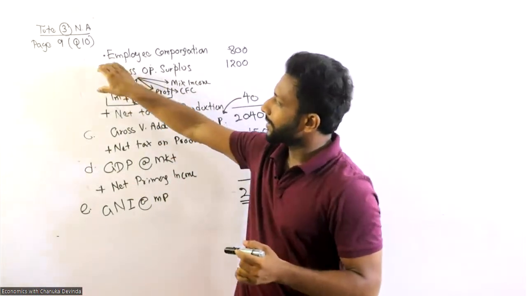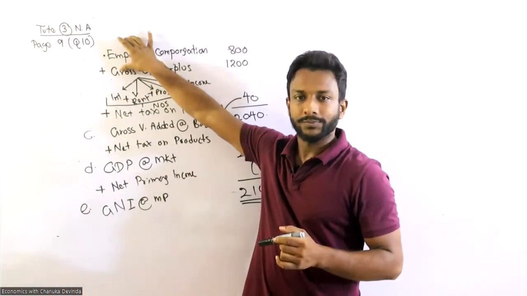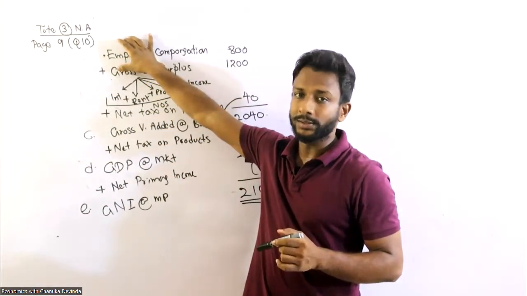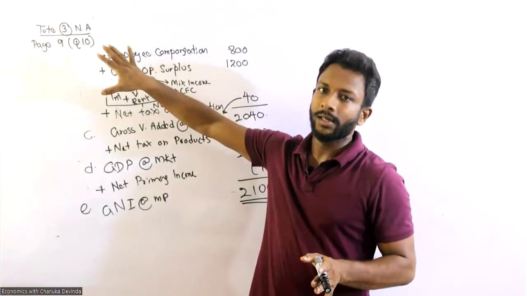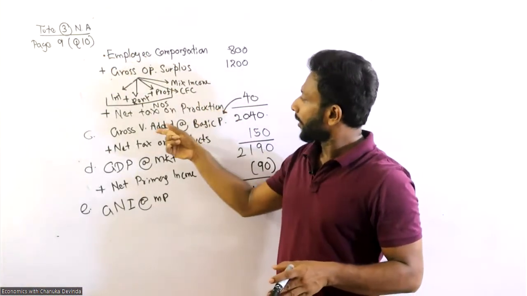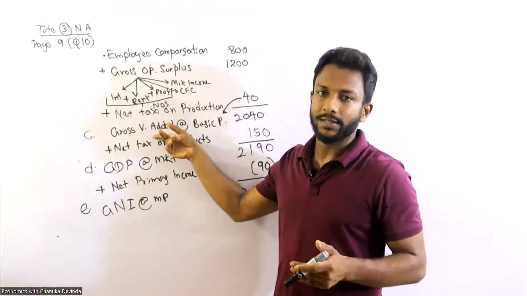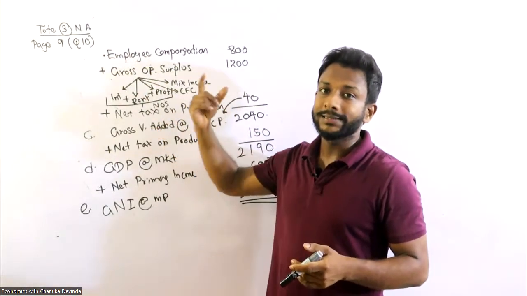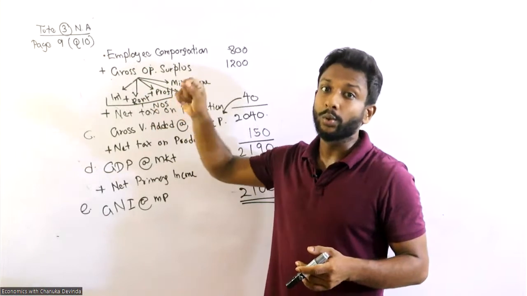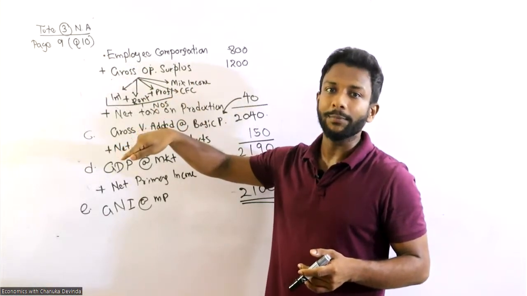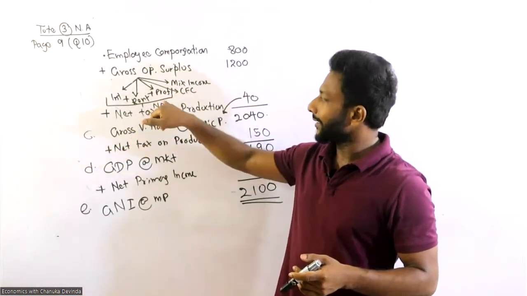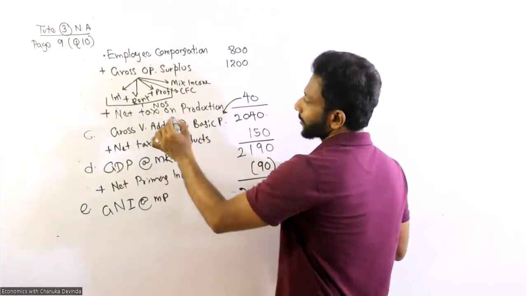So gross operating surplus plus employee compensation can be gross value added at basic price, but there was another element that should be included in the gross value added at basic price, that is net tax on production.